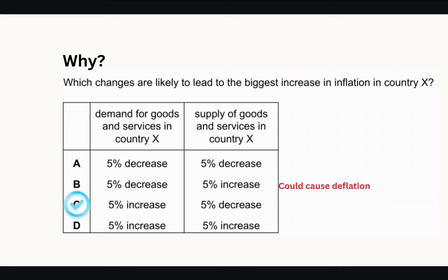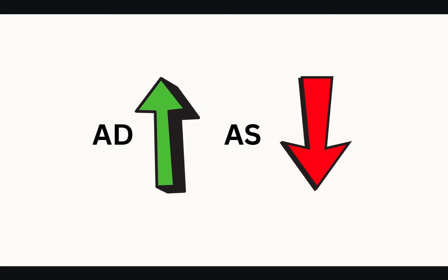Option B. A 5% decrease in demand for goods and services in country X and a 5% increase in the supply of goods and services in country X. This will actually cause deflation. Deflation is when inflation goes below zero. Remember, for inflation to happen, aggregate demand needs to increase and aggregate supply needs to decrease.